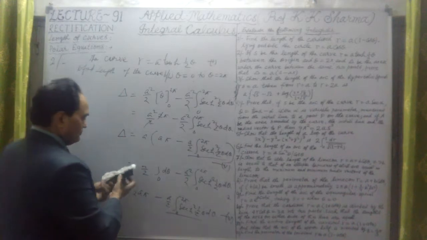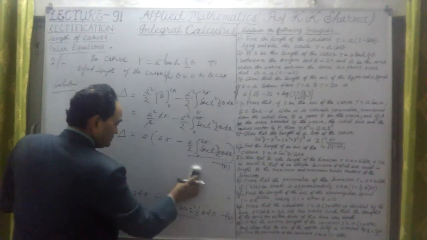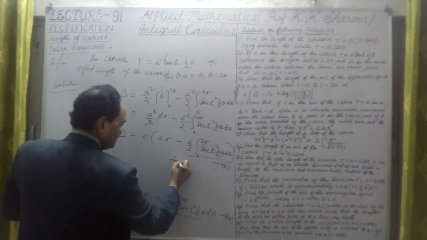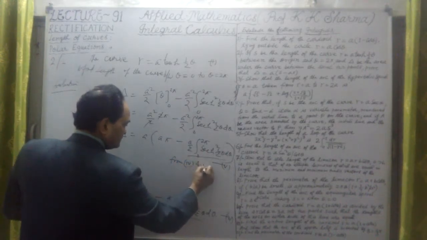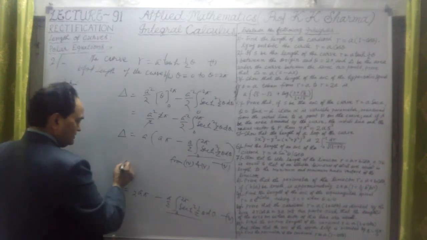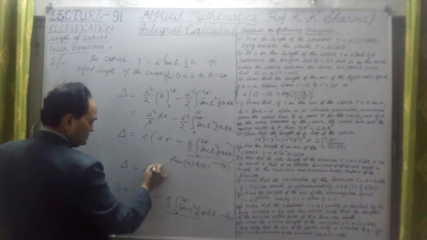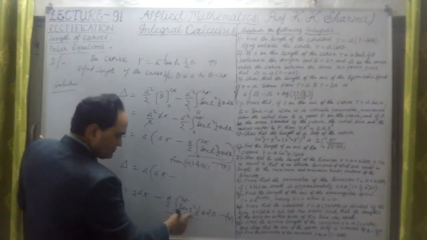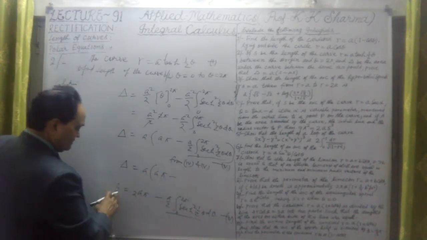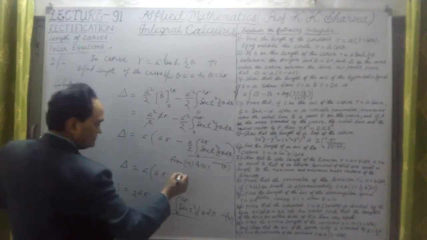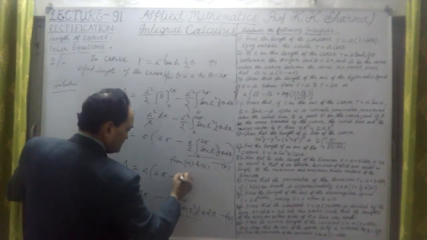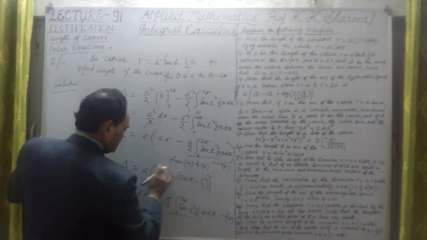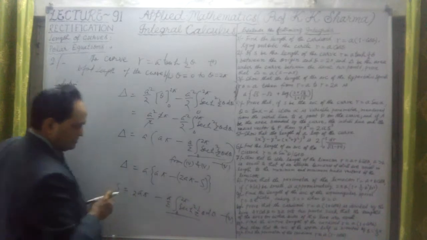So putting the value of s, from fourth and fifth, we get here delta is equal to a into a pi minus s. This value taken to the left hand side and s to the right hand side, it will be twice a pi minus s.